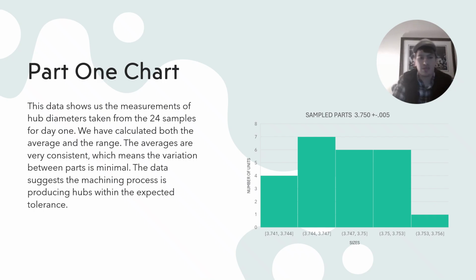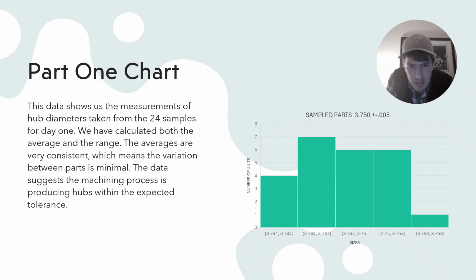We have calculated both the average and the range. The averages are very consistent, which means the variation between each part is minimal. The data suggests that the machining process is producing the hubs within the expected tolerance.